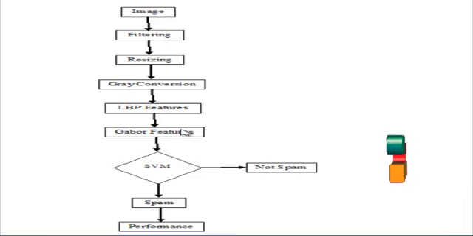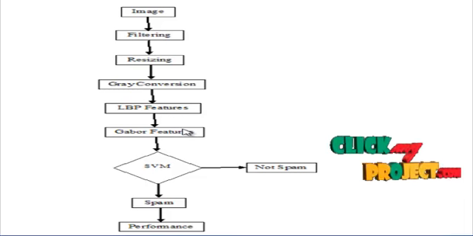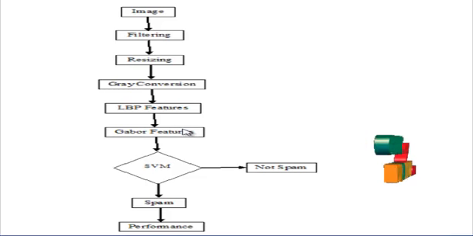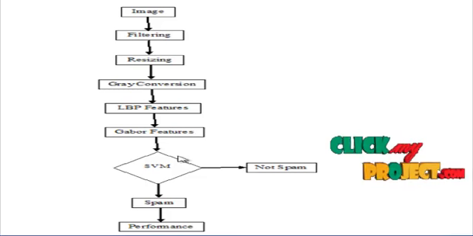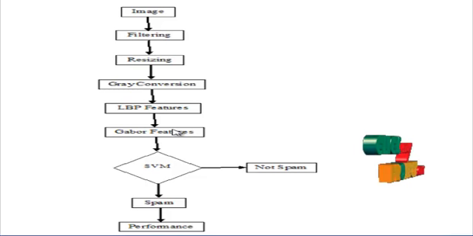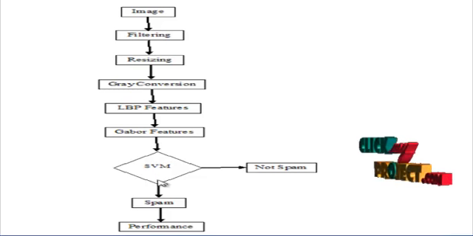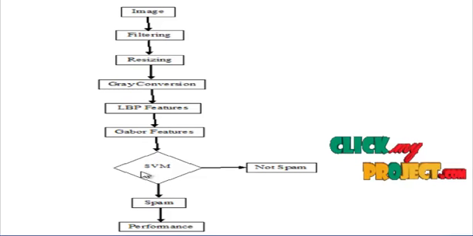Gabor features represent the statistical parameters estimated during the orientations of the images, and the extracted values are combined and then passed to the SVM classification methodology.